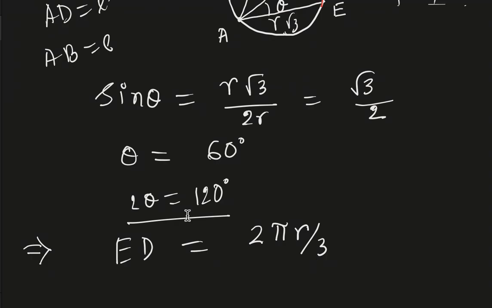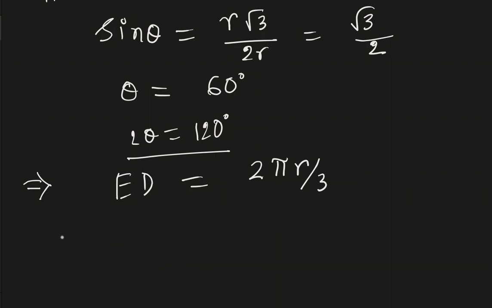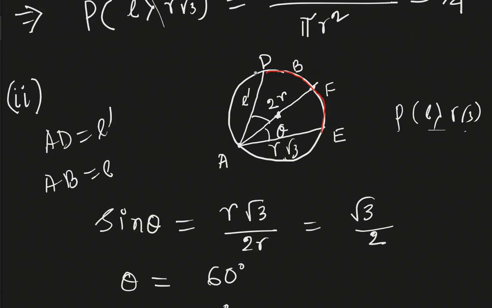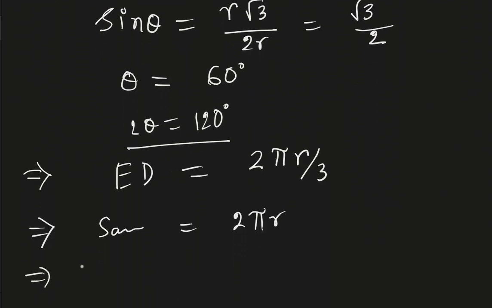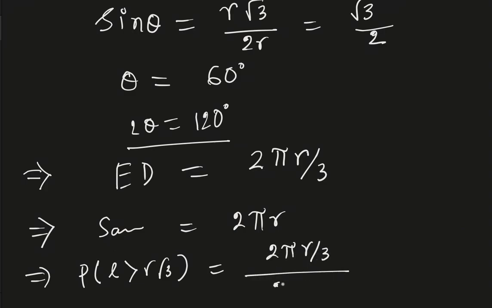So the sample size will always be 2 pi R, because the length of the whole circle's arc is 2 pi R. Now what is the probability? Using the classical definition, the probability that if I arbitrarily choose a chord whose length is greater than R root 3 is the number of favorable outcomes by the total sample size, which is 1 by 3.